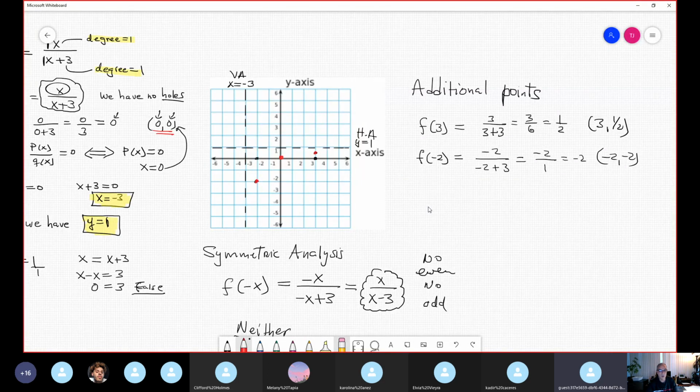And why not one more in the last interval, maybe -5. Evaluate -5. So it's -5 over -5 plus 3. Entonces -5 over -2 is 5 over 2.